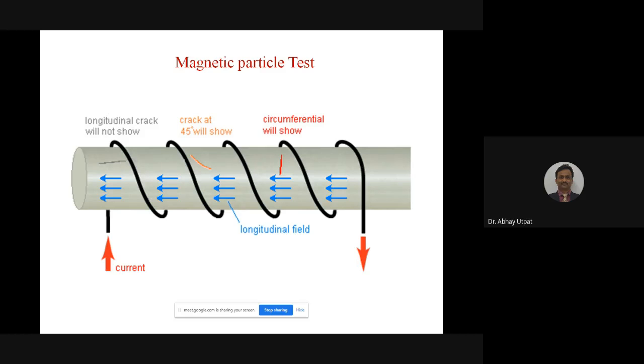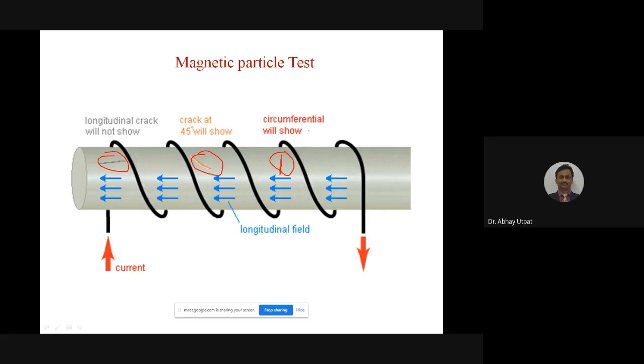And then there are various cracks present on the bar. Three colors are used. This color is a dark color. This color is a faint color. And this is again a very faint color. These are three cracks.